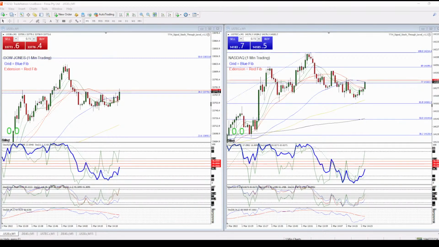Watch for the Dow. Resistance still at 38. Resistance 50 moving average on US Tech 1 minute.